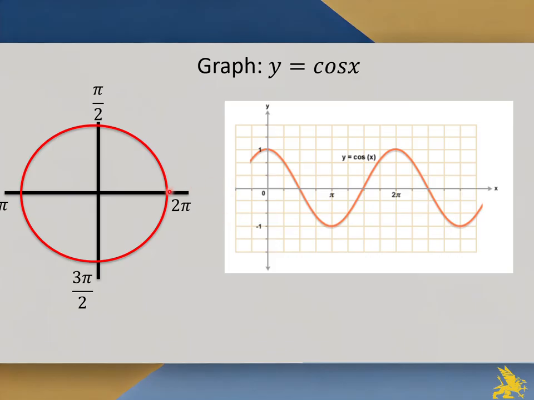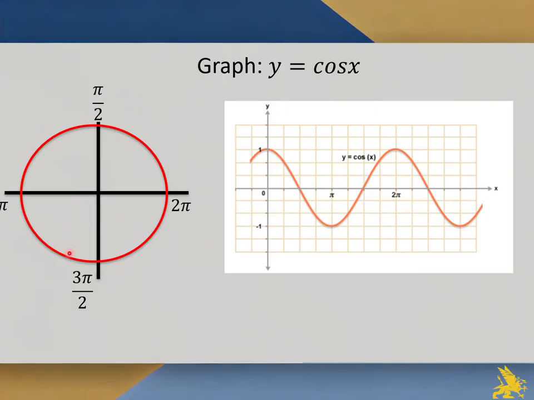If we look at cosine, again, same thing I want us to think about. Cosine 0 is 1, which is the reason why at 0 we're starting at 1. Then when we get to pi over 2, cosine pi over 2 is 0 because our x value is 0, which is why we've got an intercept here. Then we go down to pi, and cosine pi is -1, which is why when it's pi, it is -1.